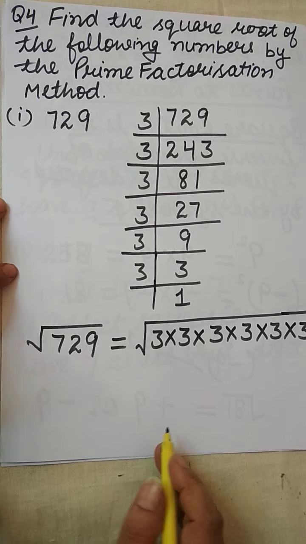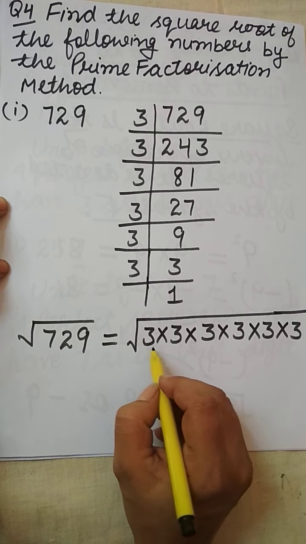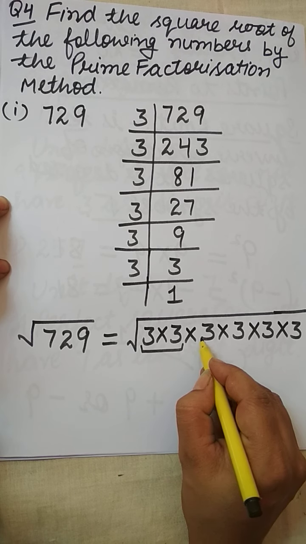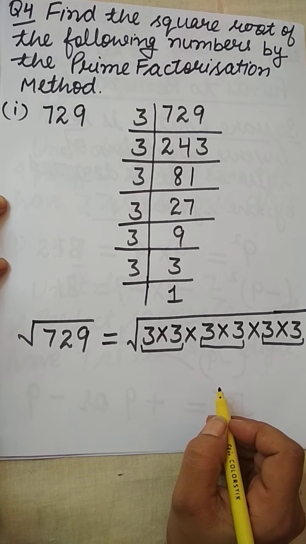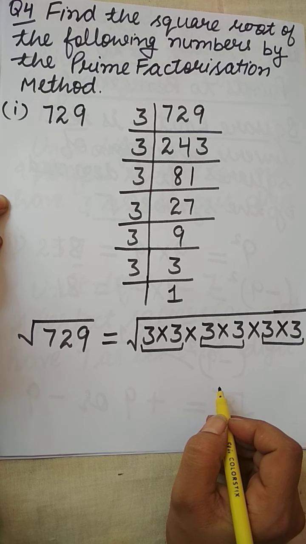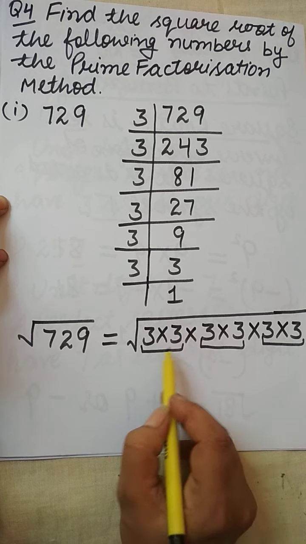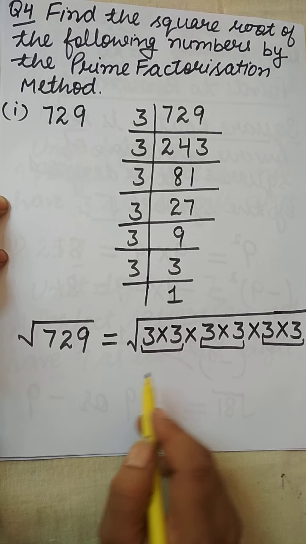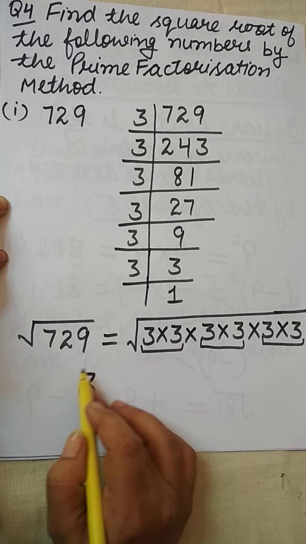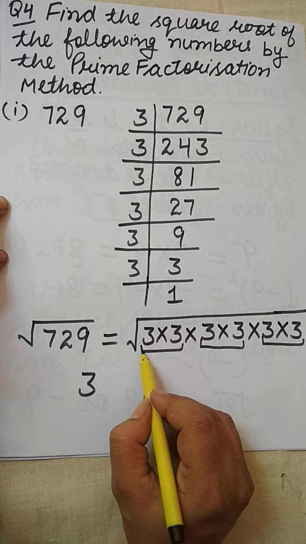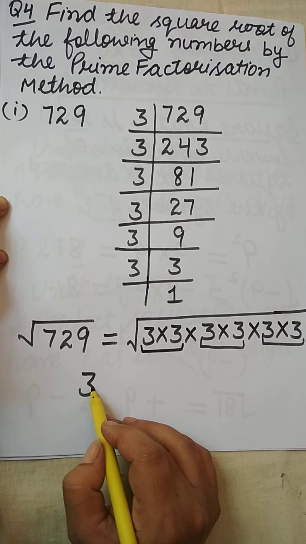Now I'll make the pairs of the prime factors. 1, 2, 3. Students, when we find the square root of a given number, we take 1 three out of 2. These are 2 3's, out of these 2 3's I'll write here 1 three.